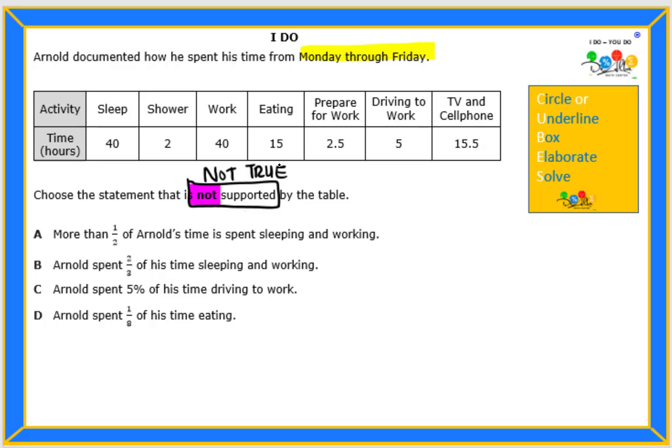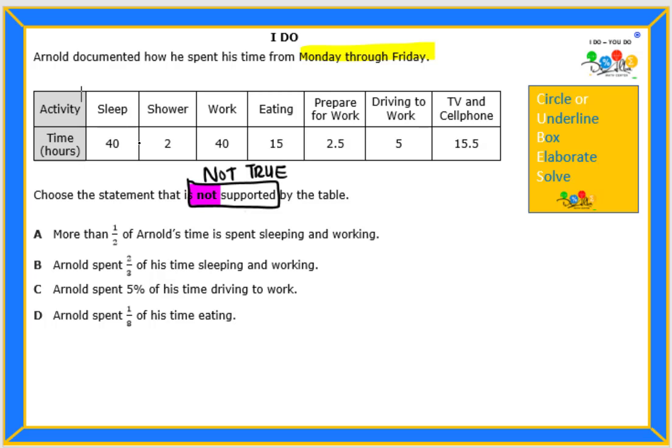Now, we do know that we're looking at the time from Monday through Friday in hours. So what we want to know is the total number of hours in 1 week between Monday and Friday. Either we can figure out that they used all of the hours in a day, which is 24 hours times 5 days, or we can add up all of the hours that they gave us here.